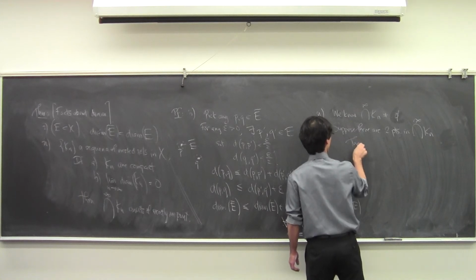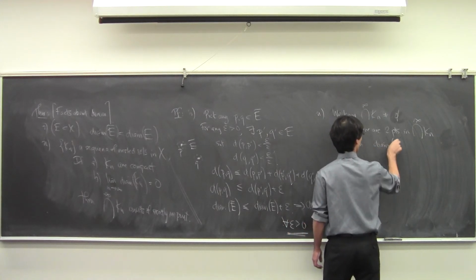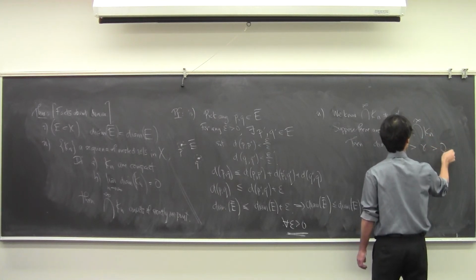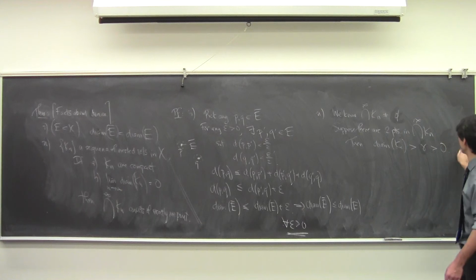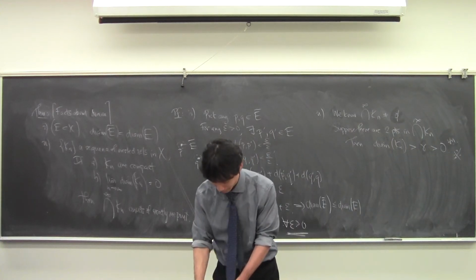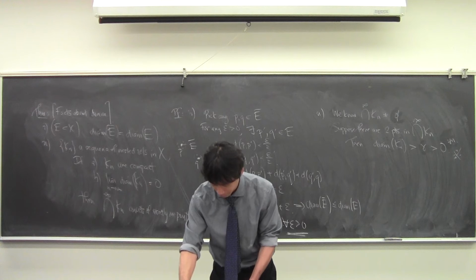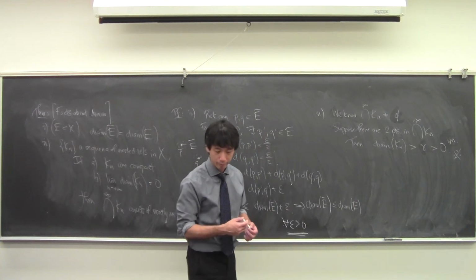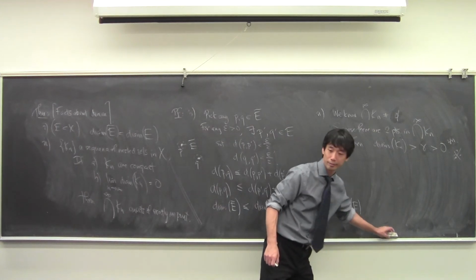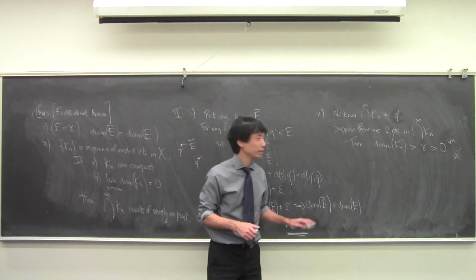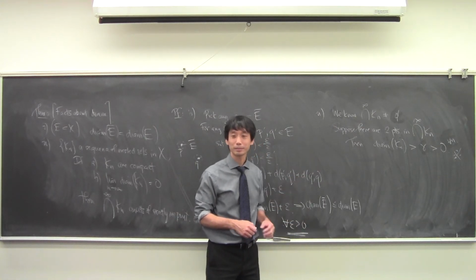But then the diameter of K_n is bigger than some constant that's bigger than 0, for all n. Okay, is that all right? Everyone all right with that? Okay.